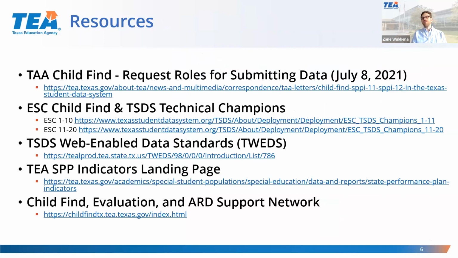And this TAA we've included as a resource because it has information about requesting information for the different roles to submit data to TSDS. And so this is a very important resource that you want to make sure to save. You can go to the website, and I believe you can actually save the TAA as a PDF, and then make sure that you distribute that throughout your district to everybody who has some stakeholder responsibility in this process.